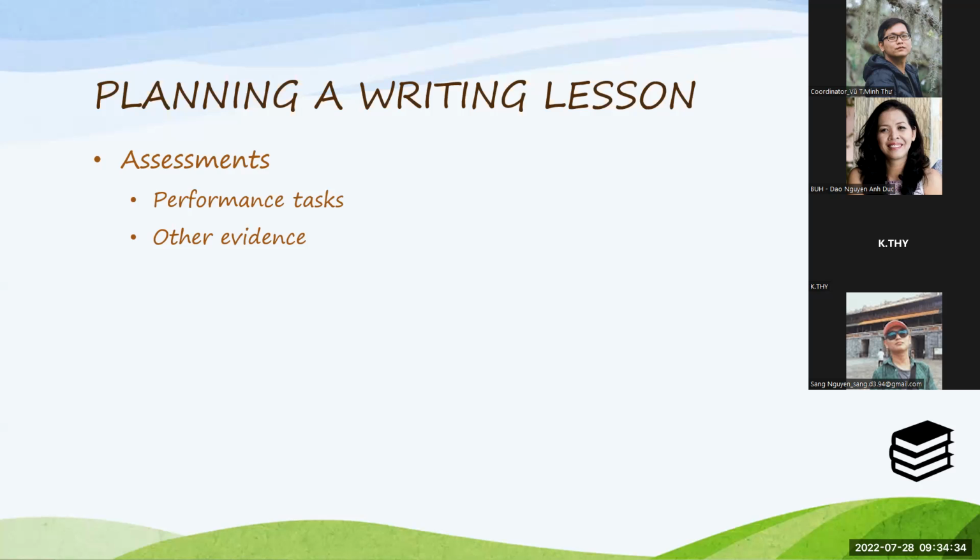When we provide the students with a checklist of the writing process, I mean, have you gone through this? Have you done this and this and this? This can be used for peer assessment or even self-assessment. We'll be looking at it later, when we will use the checklist. So these are the assessment tasks.